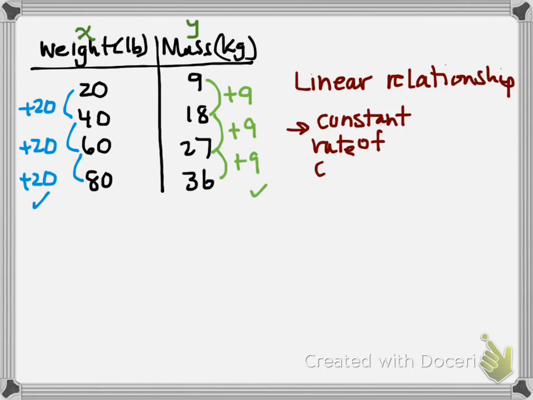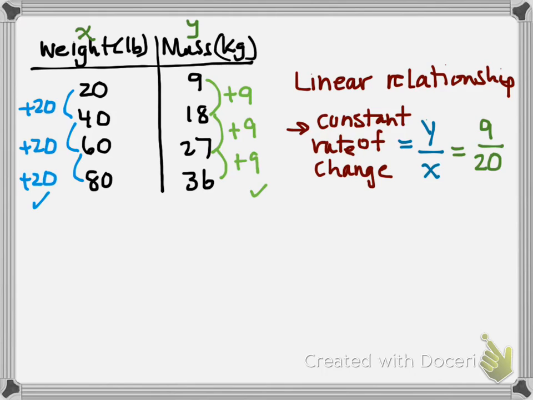What I do, again, for the constant rate of change, is have the change in y over the change in x. So for us, the change in y was 9, and the change in x was 20. And so we get 9/20. Okay?